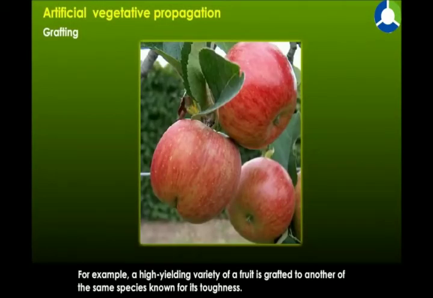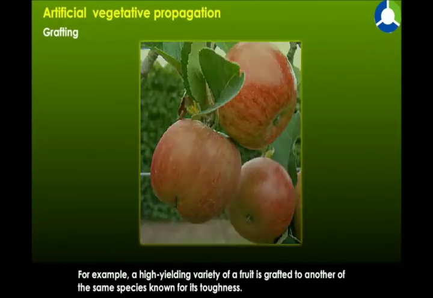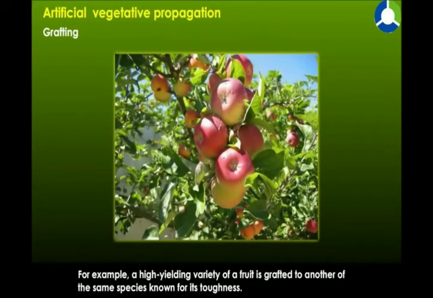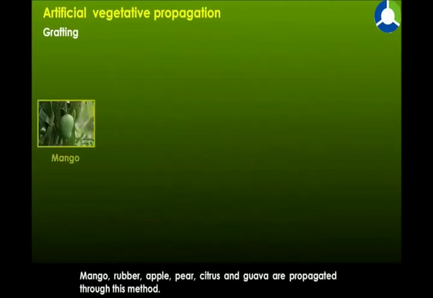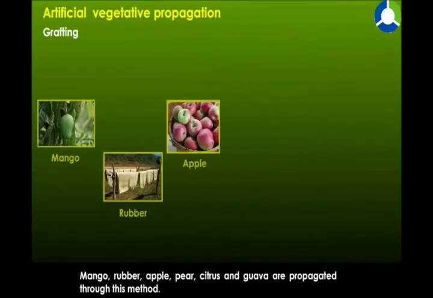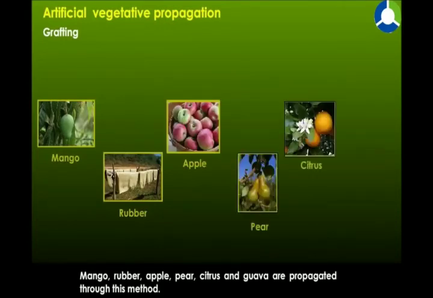For example, a high yielding variety of fruit is grafted to another of the same species known for its toughness. Then we get a tough, high yielding variety. Mango, rubber, apple, pear, citrus, and guava are propagated through this method.